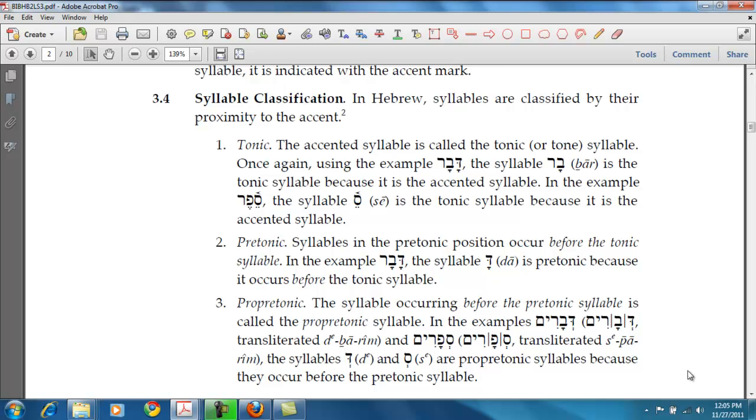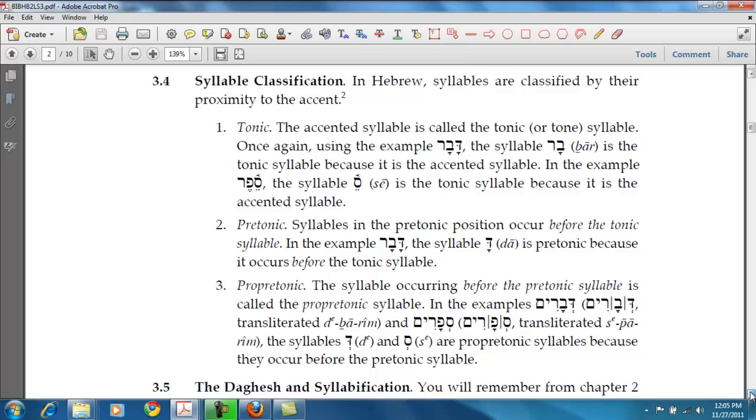The third syllable that we're going to learn is called the propretonic syllable. The syllable occurring before the pretonic syllable is called the propretonic syllable. It's actually the syllable that's furthest away from the accented syllable. For example, the plural of davar, word, is devarim, words. The accent shifts down from var to im.